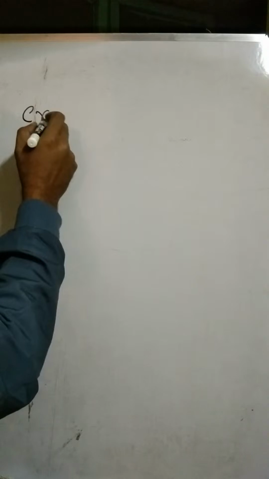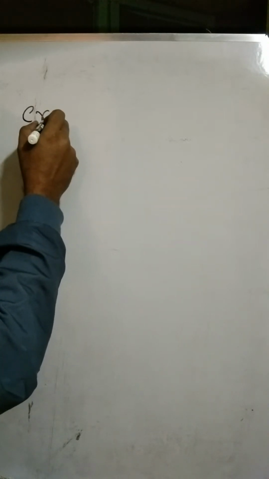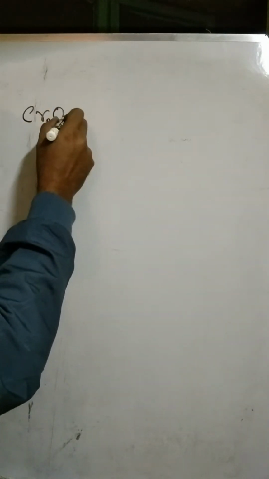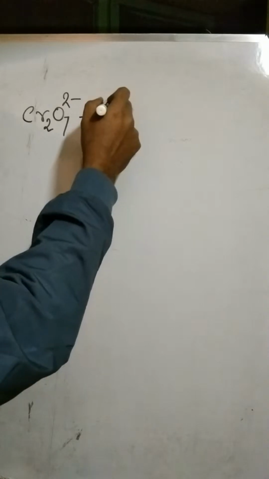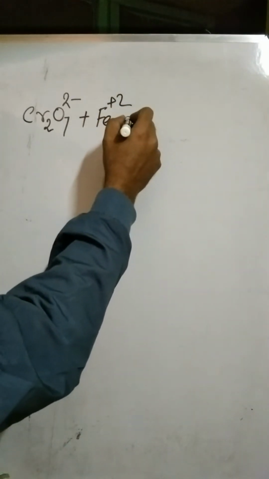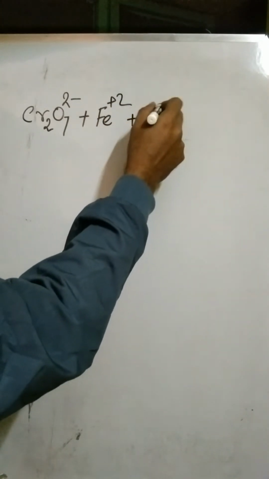Now what happens when potassium dichromate is kept in acidic medium? Potassium dichromate gives the dichromate ion, that is the Cr2O7 2 minus ion, and Fe plus 2 is given in acid medium, that means H plus.